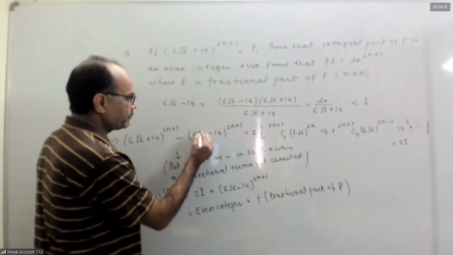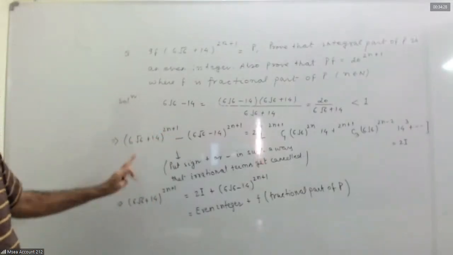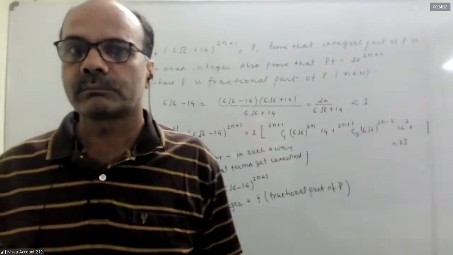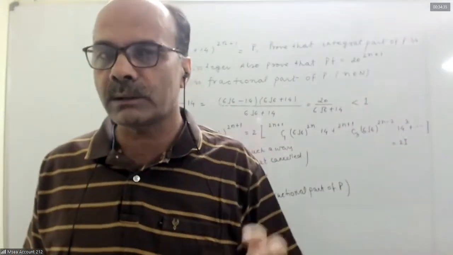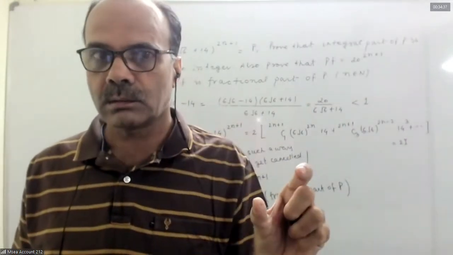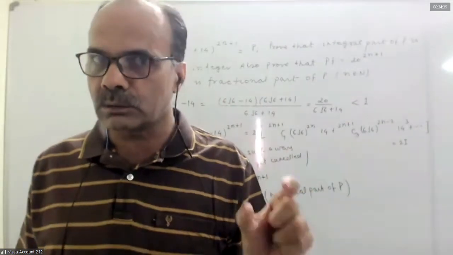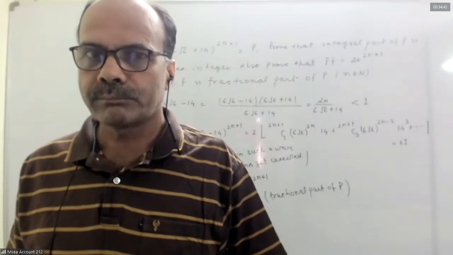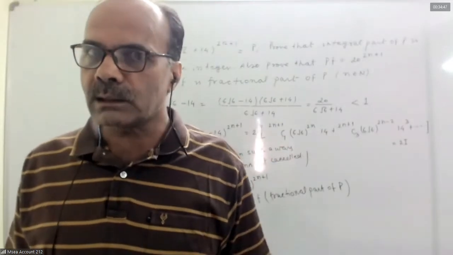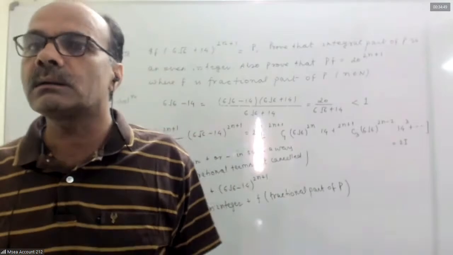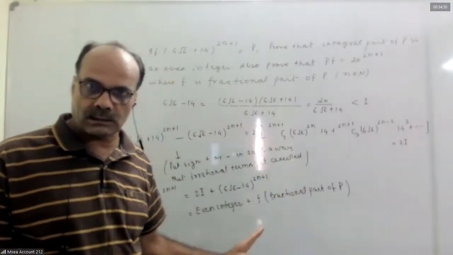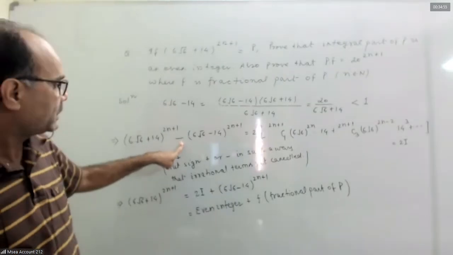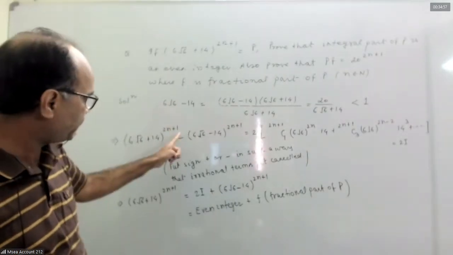What is the first term? 2n plus 1 C0, 6 root 6 to the power 2n plus 1. Since 2n plus 1 is odd, 6 root 6 to the power 2n plus 1 is an irrational number. We don't want irrational terms; we want them to get cancelled. That's why I put the minus sign here. Depending on the situation, we will put plus or minus.